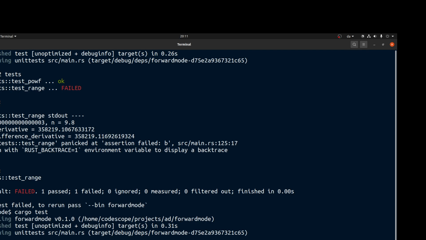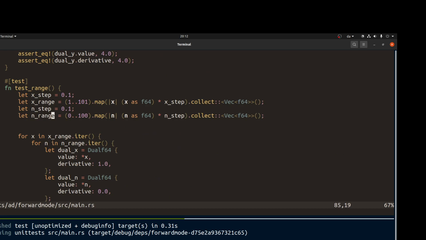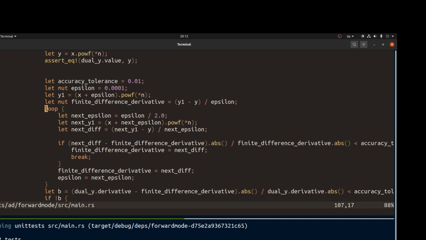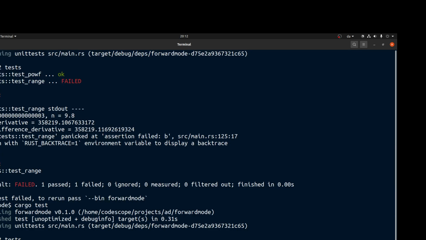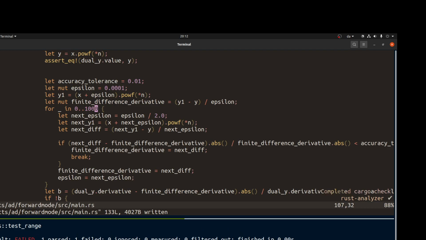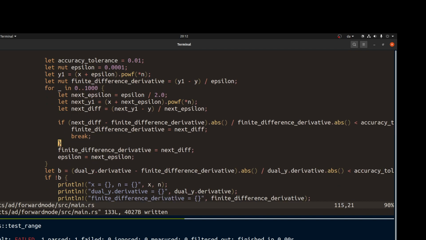At least it's not crashing right away, but I suppose we have like 10,000 things to get through, and this loop might end up doing too many steps. So let's do 1,000 steps at most. I think that's fine. Now it failed again, very early, which is very weird.